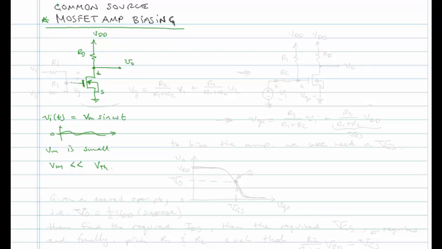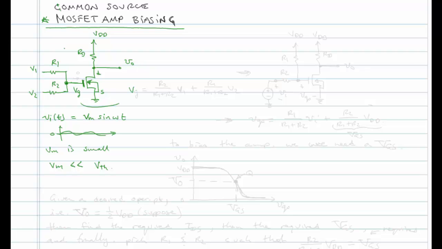Now one way we could bias this is to do a weighted sum of two voltages. Okay, I could have an R1 and an R2, and if we supplied this voltage, call this V1 and we'd call this V2, then the gate voltage here, VG, could be equal to a weighted sum of the two.